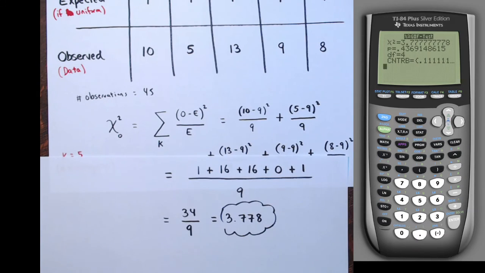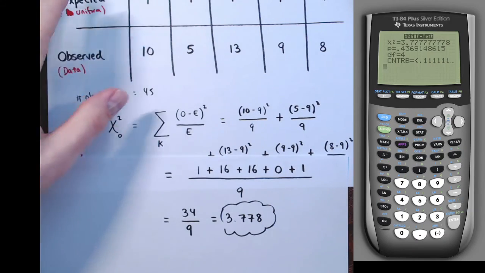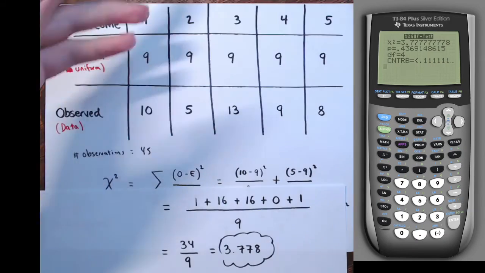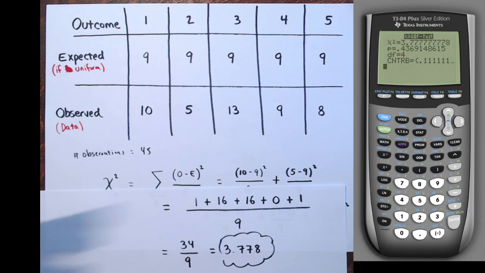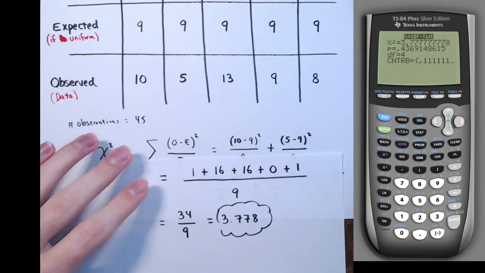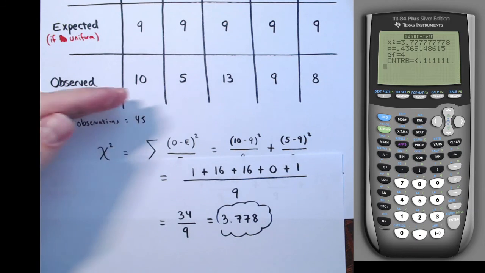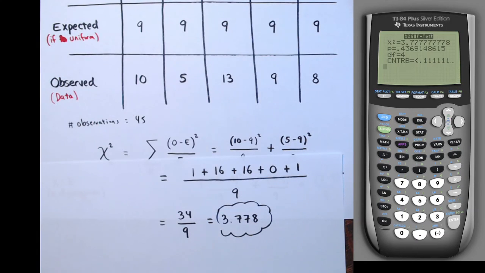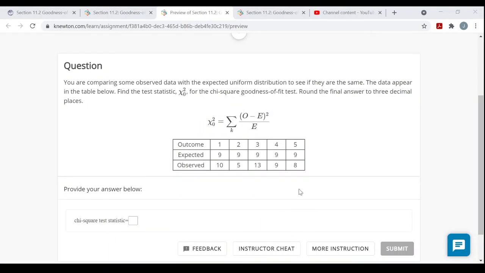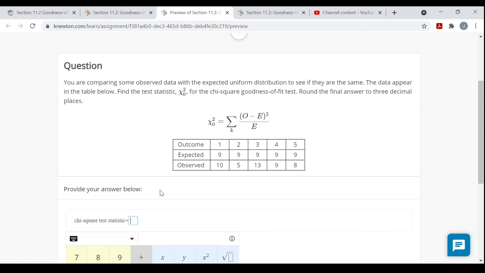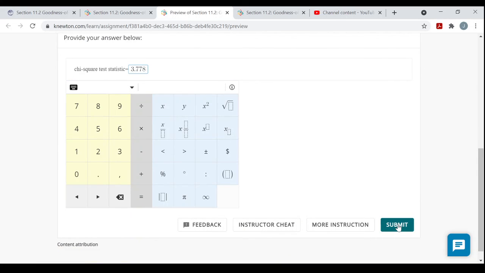So no matter how you did it, by hand, going to the lists and doing that math on the list, the sum of list L3 values, or just using the chi-squared goodness of fit test with the observed list and expected list, either way you're getting 3.778, and that's what I'll enter for our test statistic.